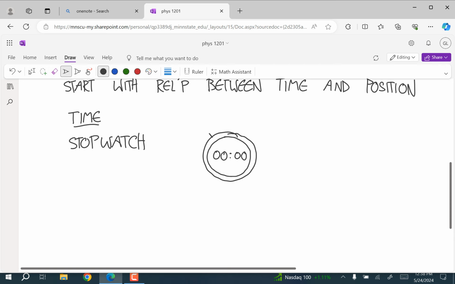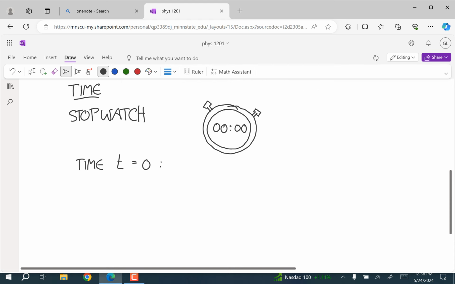And you might have a button up here to start and a button over here to reset. And so we're going to say that always our time t equals 0 is going to be when we turn the stopwatch on.